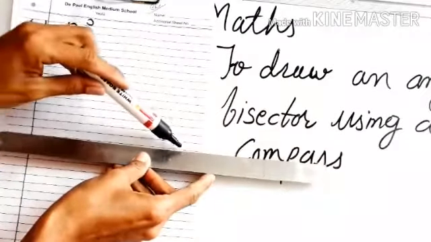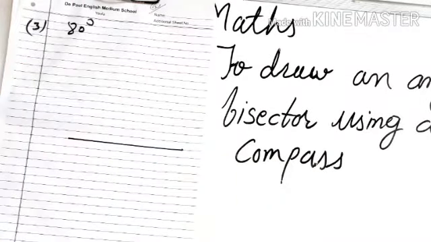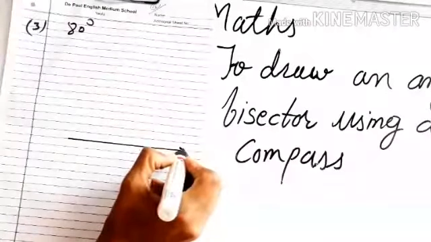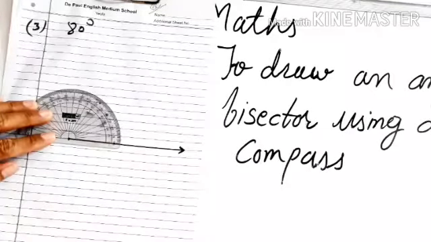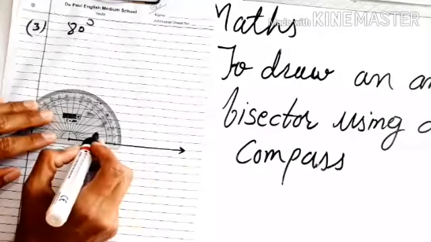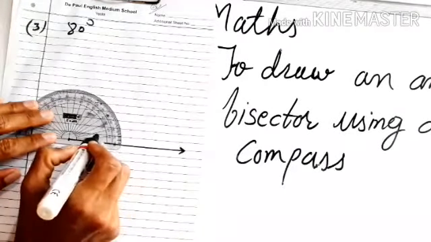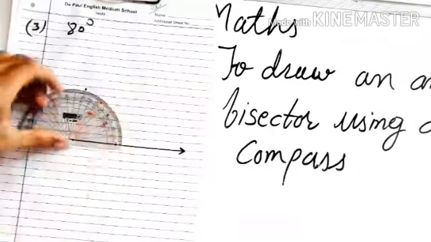Then again, which type of angle is it? Acute angle, which is less than 90 degrees. So same steps again. Now you know how to draw an angle. Here I kept the middle point on the vertex, and then 80 degrees will come here.